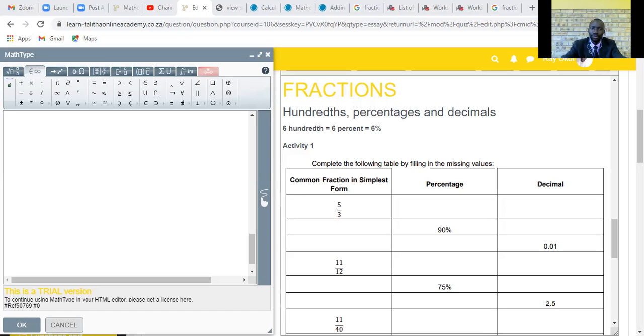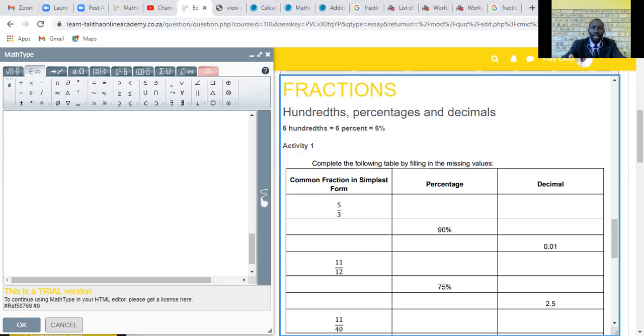For example, instead of 6/100, we can say 6%, denoted as 6 with the symbol of percent. So this is one way of writing 6/100. We can write it as 6% in this notation.